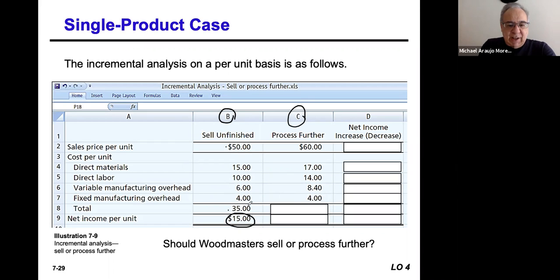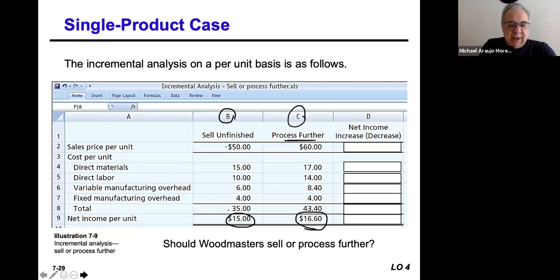Our variable overhead is going to increase by $2.40, which is $8.40 per table, and $4 in fixed. That doesn't change. So that means we're going to have $43.40 of total costs, and we will make net income of $16.60 per finished table if we processed it further.